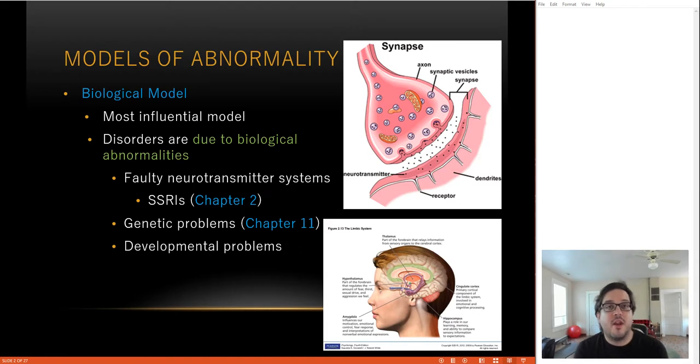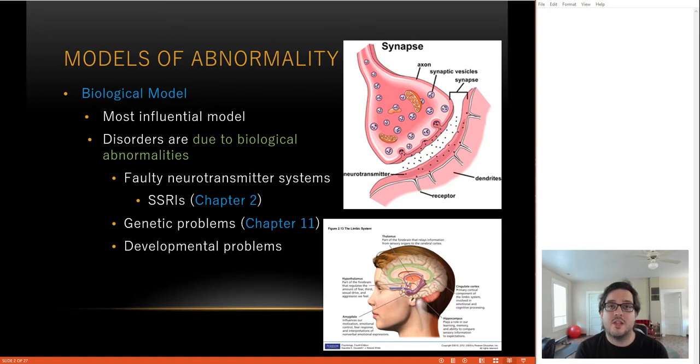There can be developmental problems as well. So let's say the blueprint is perfectly fine. Well, what if, as that blueprint is being read, as a structure your nervous system is developing, there is something wrong with how it develops? We talked a little bit about this in the last chapter when we talked about fetal alcohol syndrome and other types of teratogens, chemicals that alter or disrupt development.